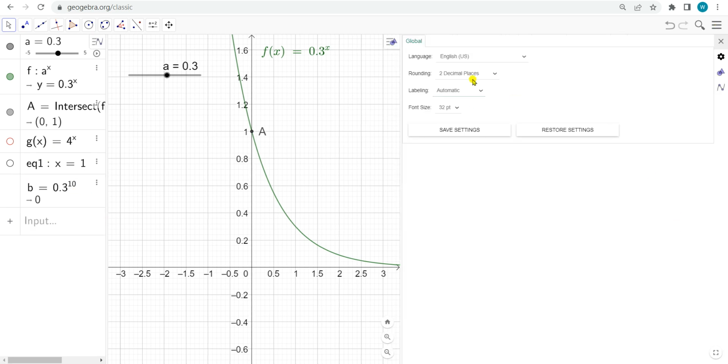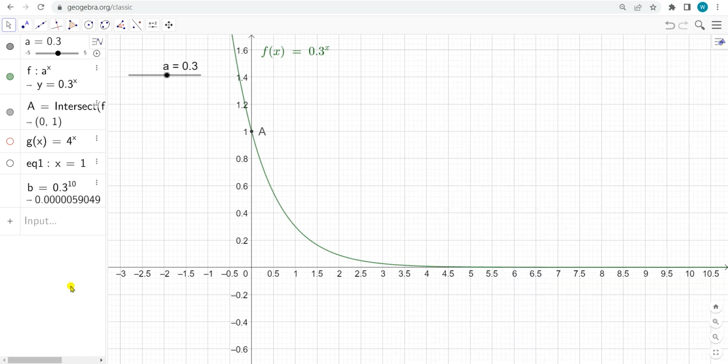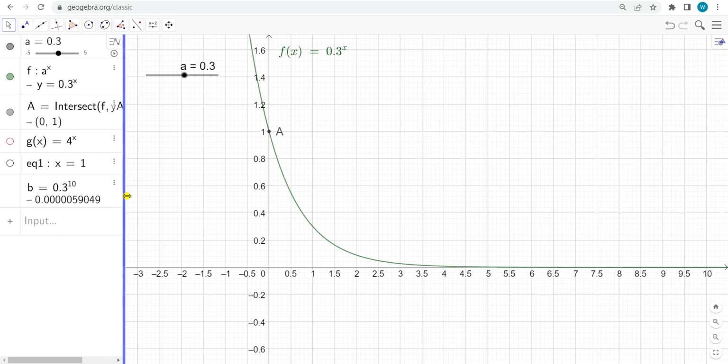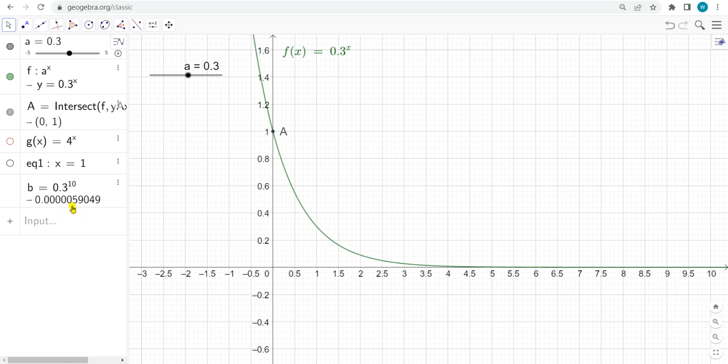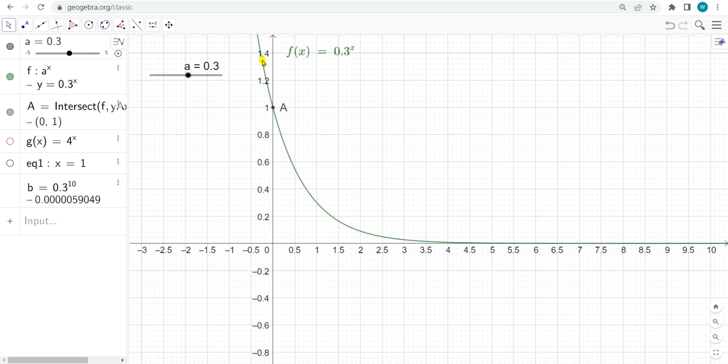Let me take more decimals. Then you can find that it is very close to 0, but actually not equal to 0. All right. That means no matter how large x is, it is always positive. So you will see that the graph is always above the x-axis, always above the x-axis.